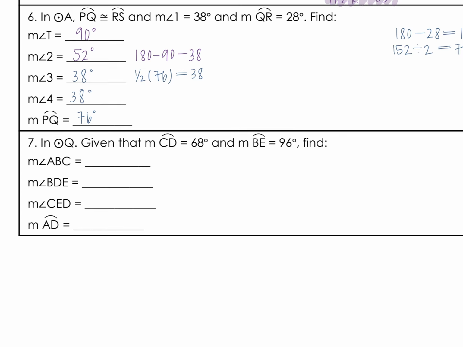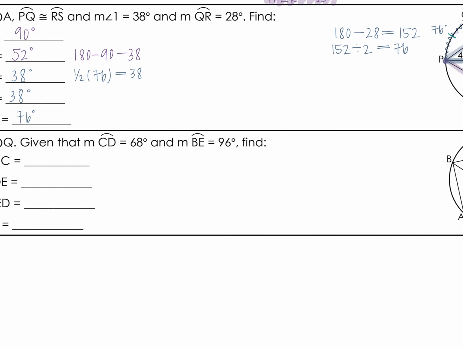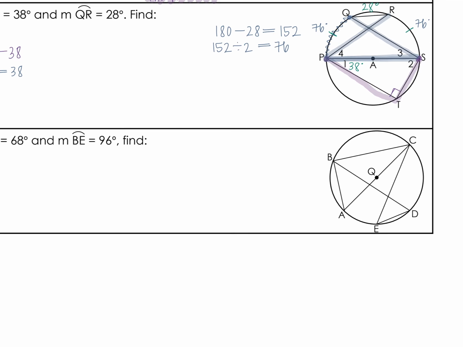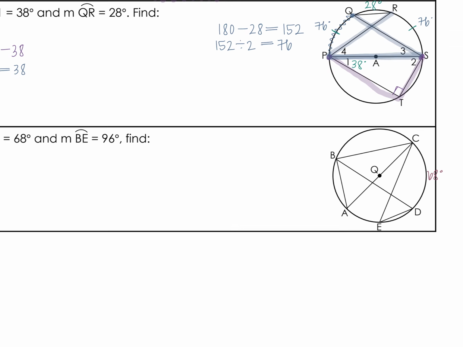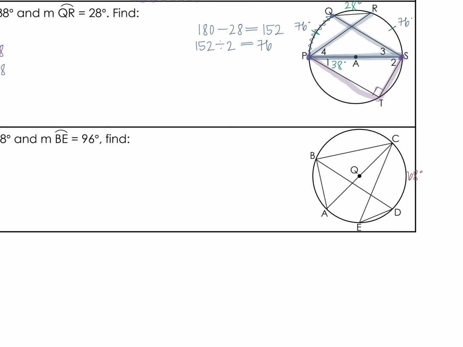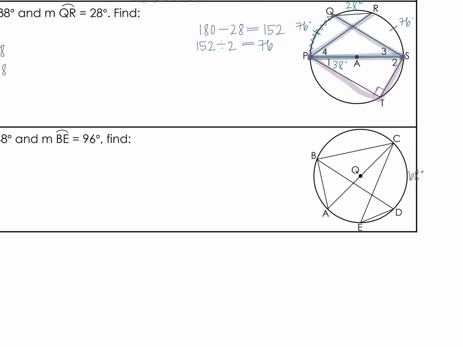So in circle Q, we are given that the measure of arc CD is 68 degrees, and that the measure of arc BE is going to be 96 degrees. So for BE, I'm going to draw this out a little bit like this, just because it's not directly between 2 points.